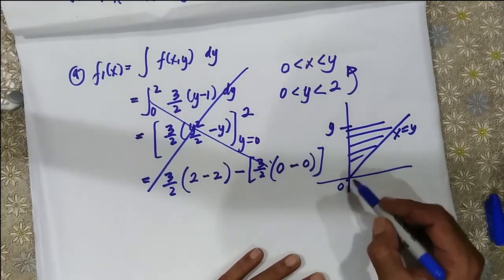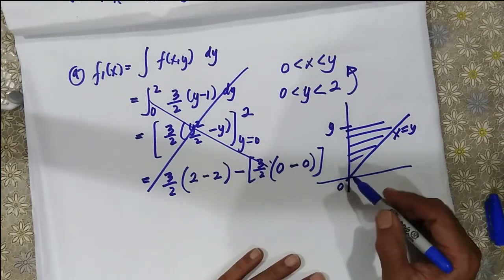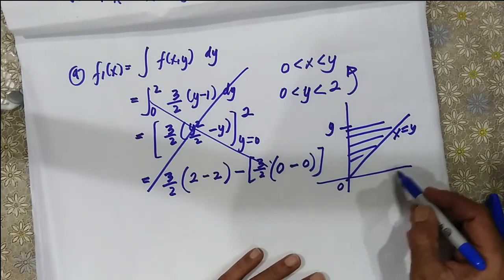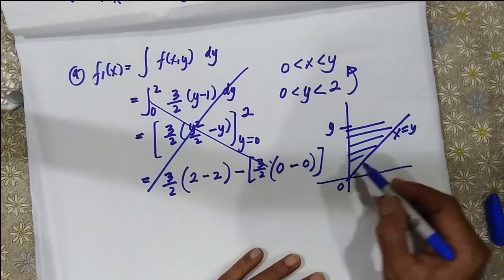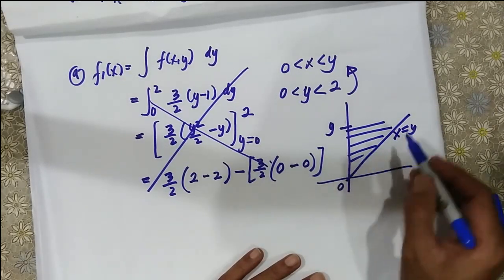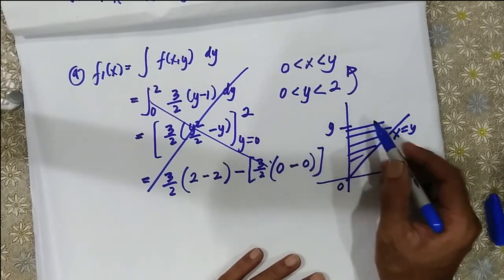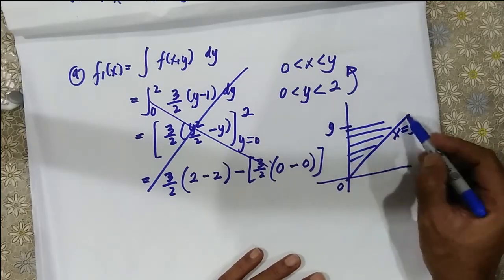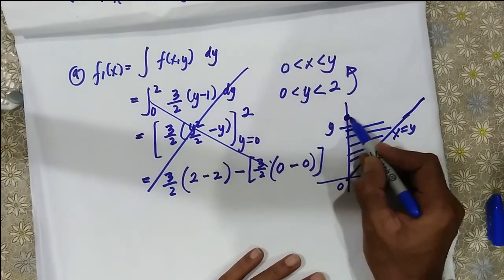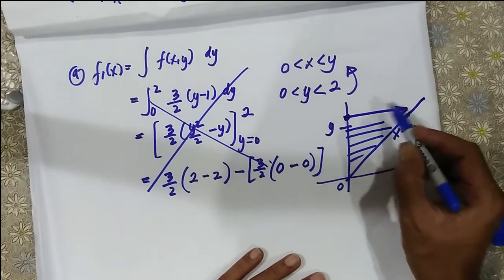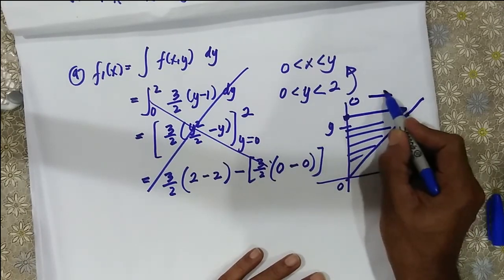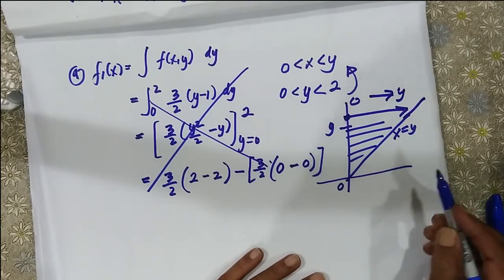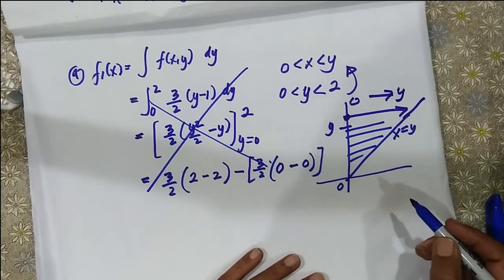So we need to say x is from 0 to y. The range of x is from 0 to y.